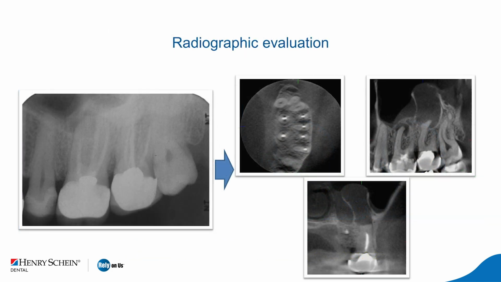And here's a nice example where you see a periapical radiograph of the area of teeth number 14, 15, and 16. And that's the same exact patient on the right aspect of the screen, where you see that there are large radiolucent lesions associated with the mesial roots of teeth number 14 and 15.